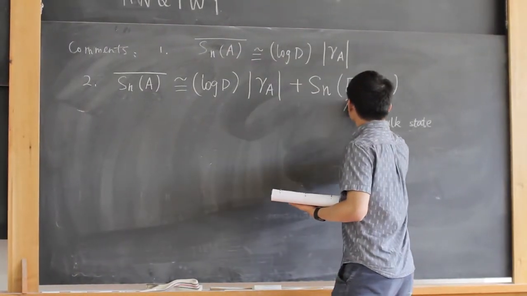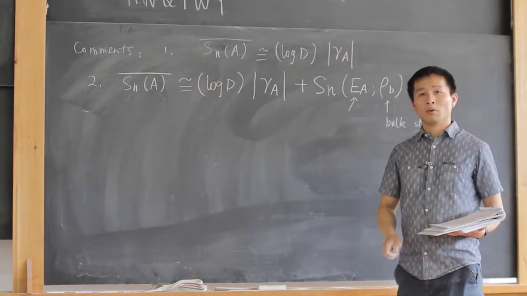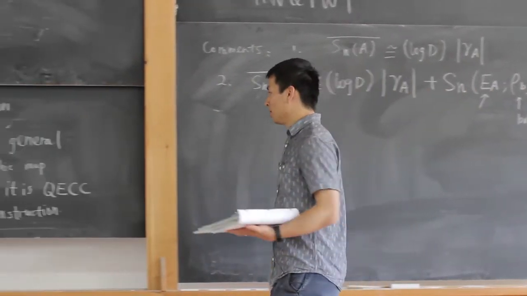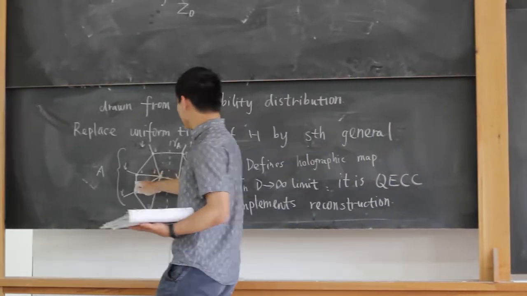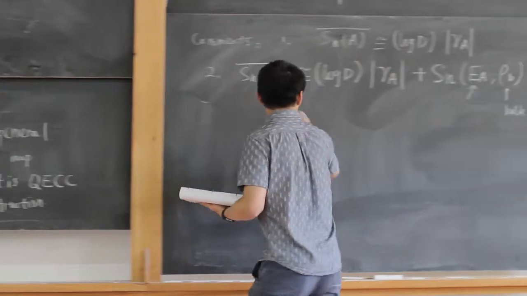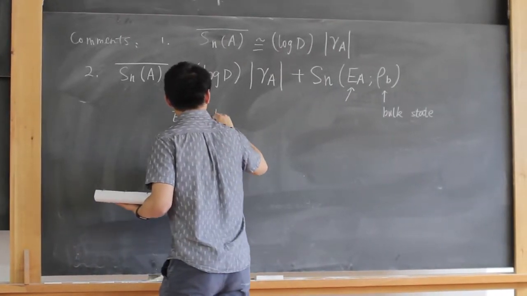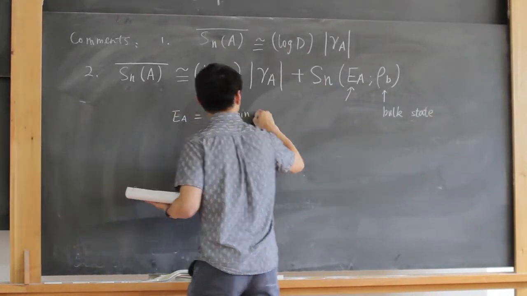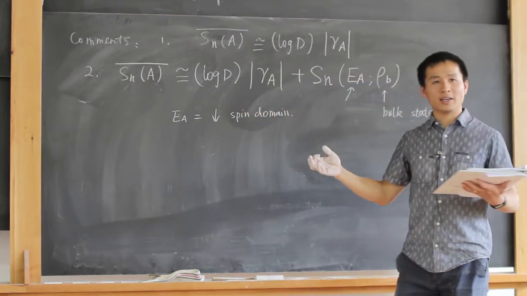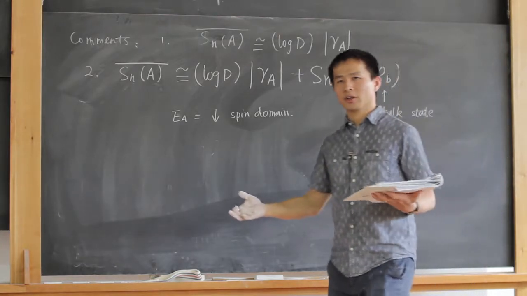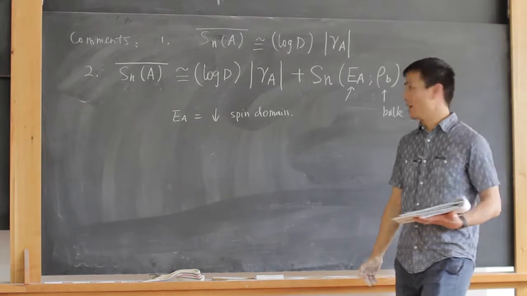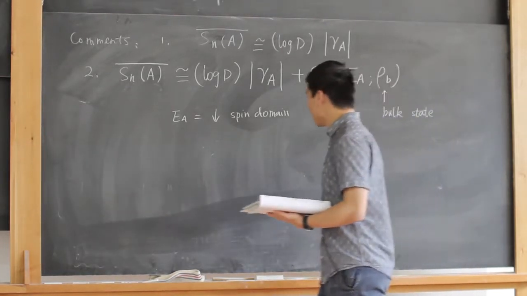And then we trace out everything outside the domain that corresponds to A. So in this case, it's the down domain. So EA is the down-spin domain. We trace out everything outside this EA. We get a density matrix for the state on EA, and then we calculate its von Neumann entropy. Oh, we calculate its Rényi entropy.